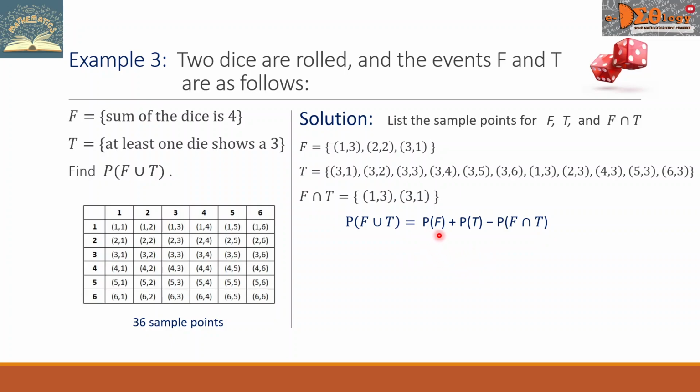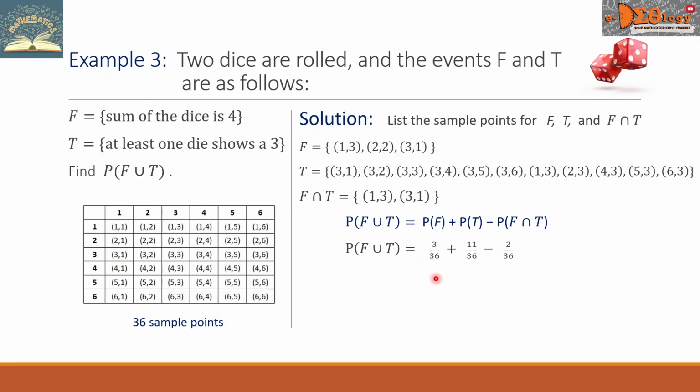For the P of F, there are 3 elements for event F, so we write here 3 over 36 plus P of T. There are 11 sample points in T, so we write 11 over 36 minus P of the intersection of F, T. There are 2 sample points here, that's why the number 2 is here, all over 36.